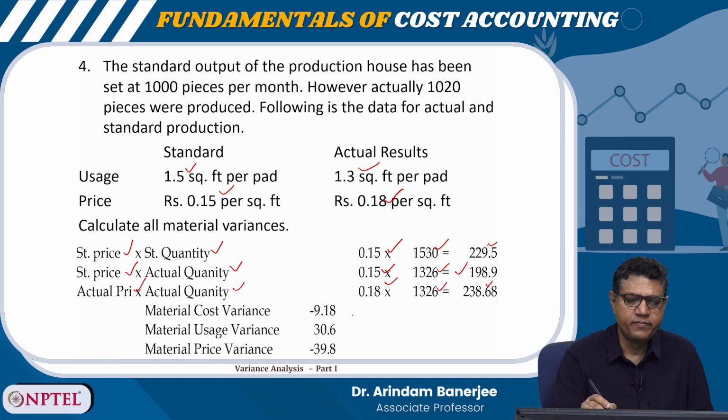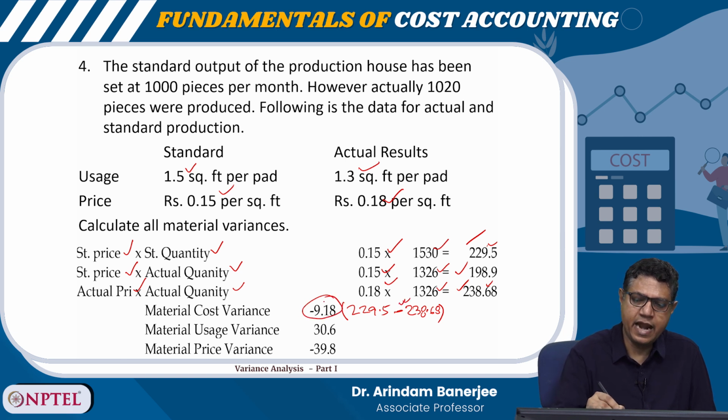Material cost variance is standard price into standard quantity minus actual price into actual quantity. So standard price into standard quantity is 229.5 from here, and minus actual price into actual quantity is 238.68 from here. So the difference is 9.18. Is it favorable or adverse? Of course it is adverse because this is bigger. So this is an adverse variance.